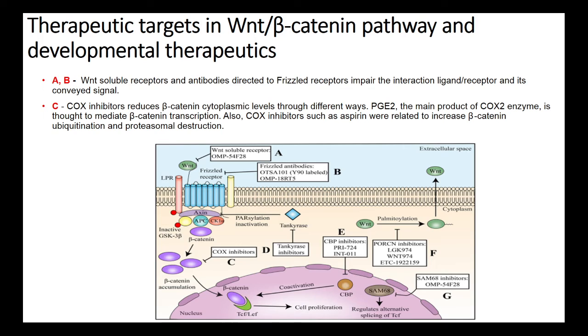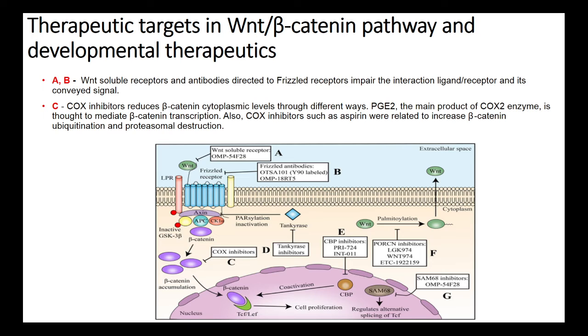I gave you some time to think about these inhibitors, and I hope you all thought and now understand. So, the Frizzled antibody connects with the natural receptor. In particular, this WNT works with this Frizzled receptor and frees beta-catenin. But if we have a drug, we can first block WNT.